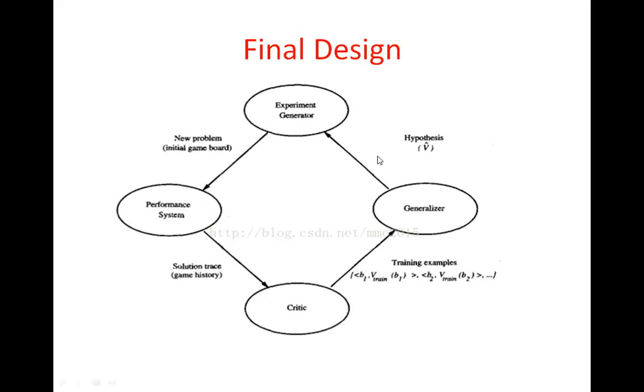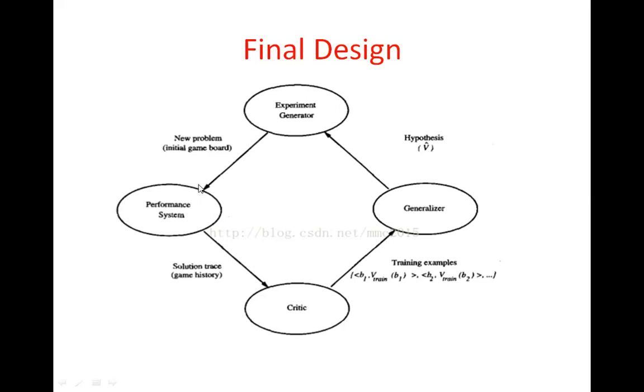Is it clear? The experiment generator name itself indicates it. It takes input as some hypothesis, and it will generate new board states and send that new board state to the performance system.